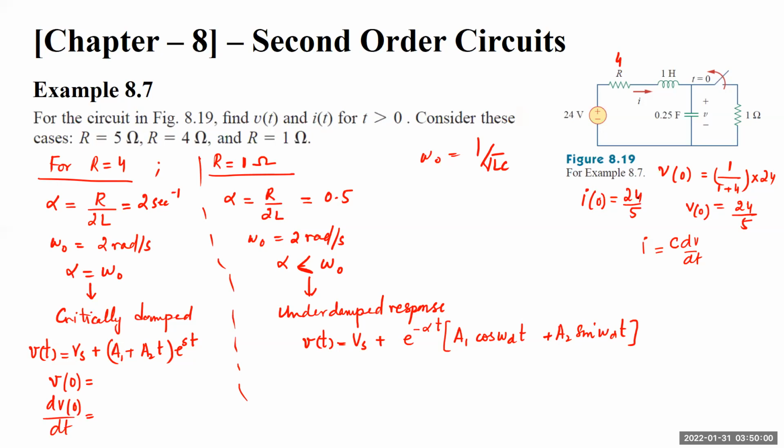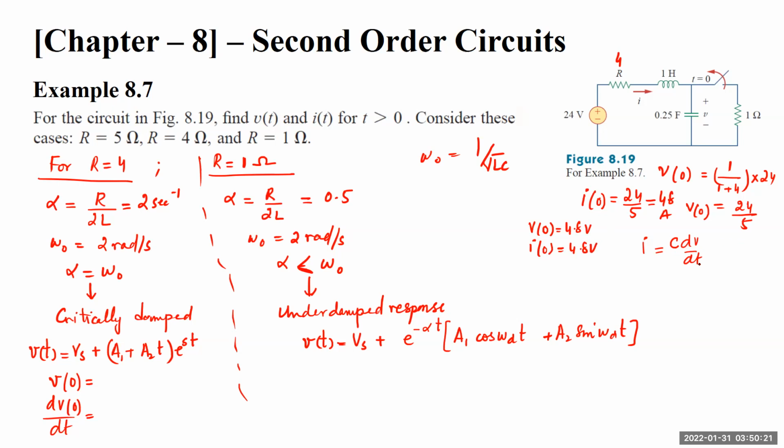This value is 4.8 amperes. So we have v of 0 as 4.8 volts and i of 0 as 4.8.